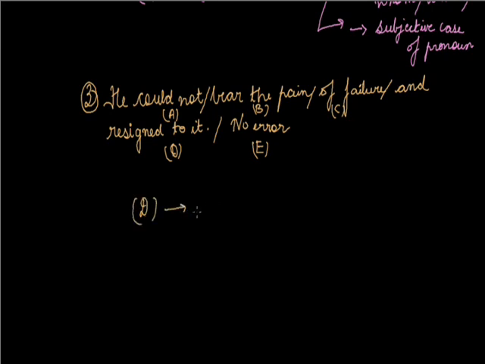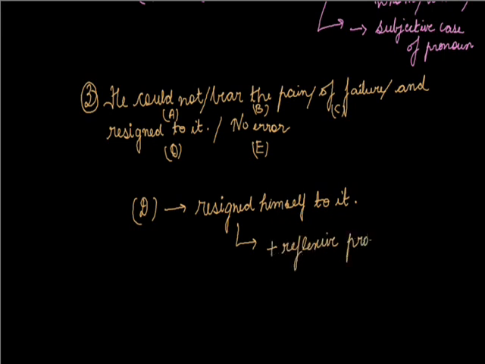Here should be resigned himself to it. Here resign doesn't mean resign from a post or from any duty. No. This resign means to succumb, to surrender before the situation, before the circumstances. That's why this resign needs a reflexive pronoun after it.